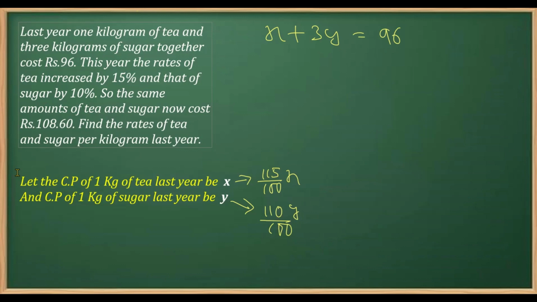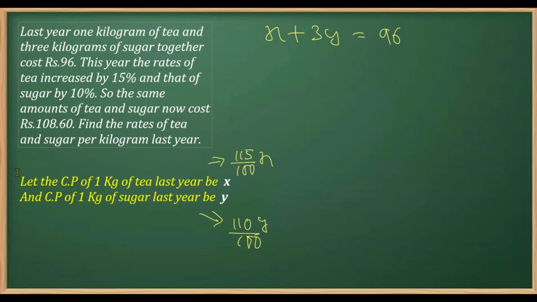So we got this to be the new price for the tea and this to be the new price of the coffee. Well, the quantity remains the same here. So this time, 1 kg of sugar plus 3 kg, right? 3 kg whose price for 1 kg is now this.